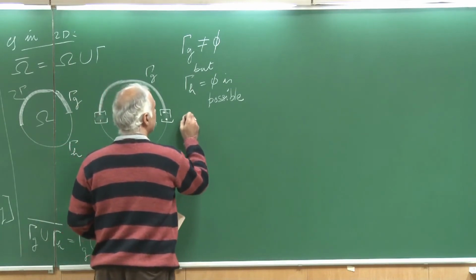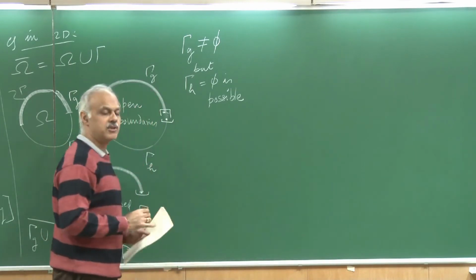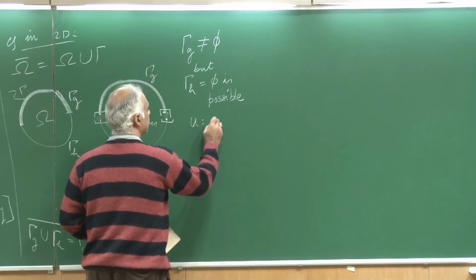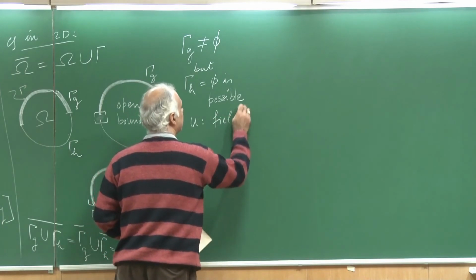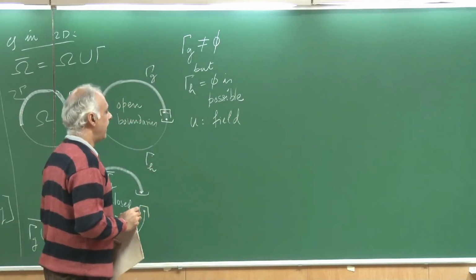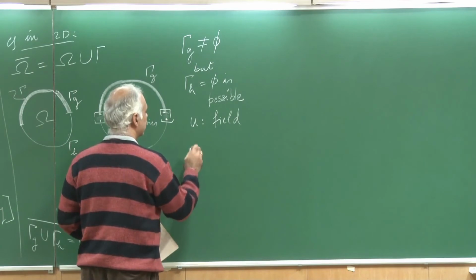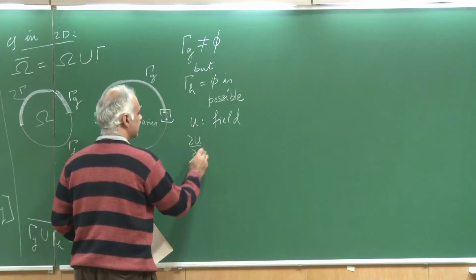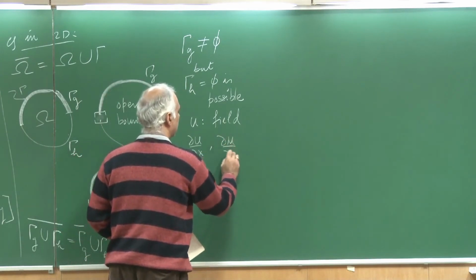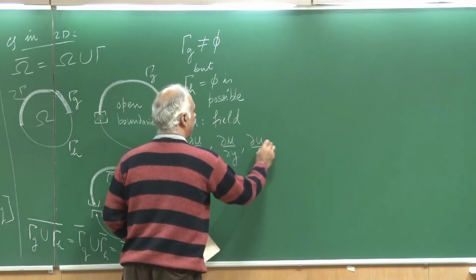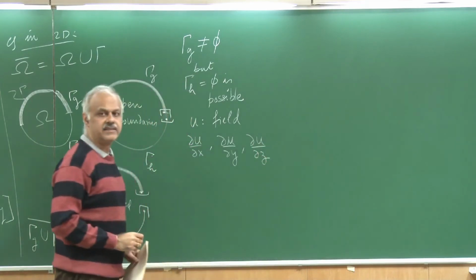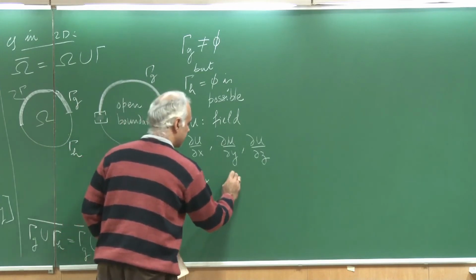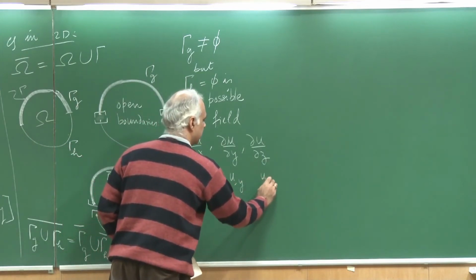Let me also explain the index notation a little bit more in terms of derivatives. So, suppose u is a scalar field, let us say, and I am interested in its derivatives. So, I could talk about del u by del x, or del u by del y, and also del u by del z. These I can denote as u comma x, u comma y, u comma z.